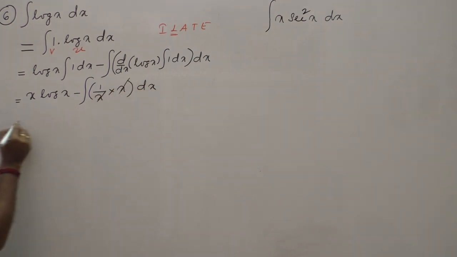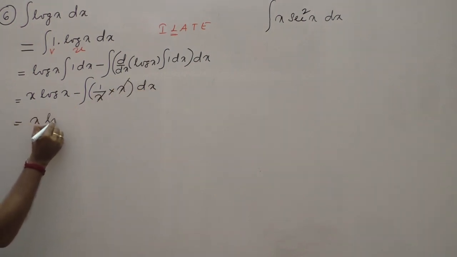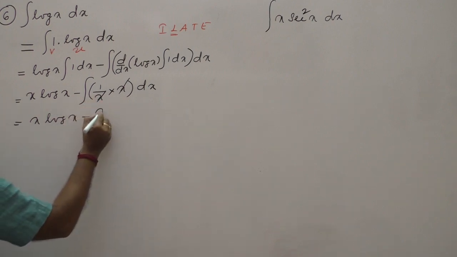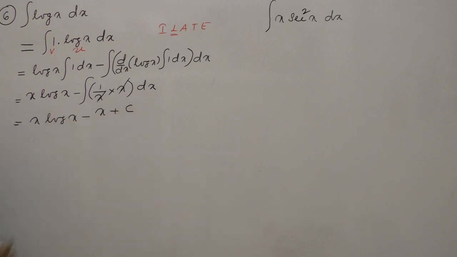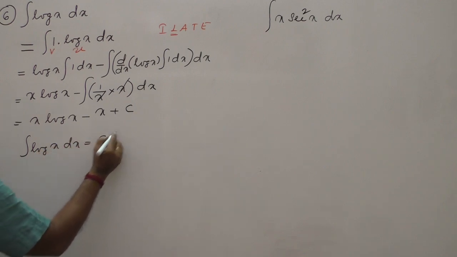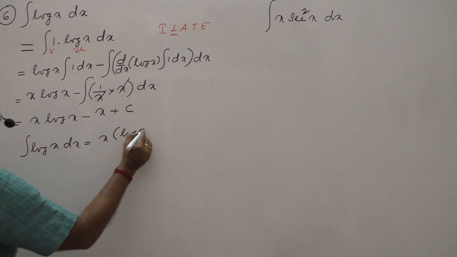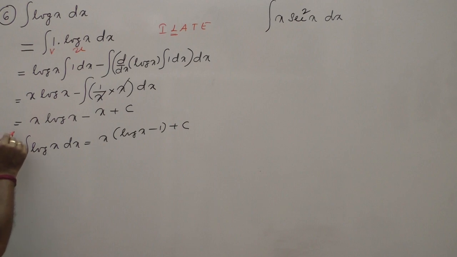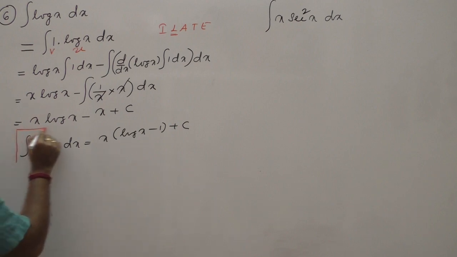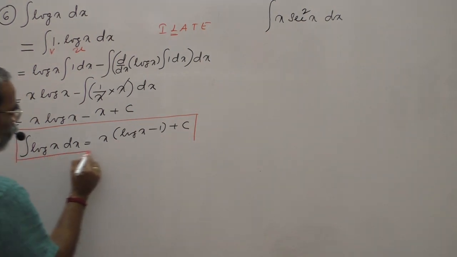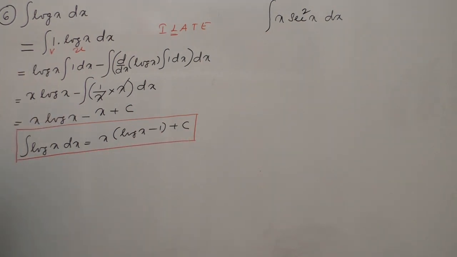I can cut these two. Therefore x into log x minus, only 1 is there whose integral is x, plus c. Therefore integral log x dx is, you can take x common, x into (log x minus 1) plus c, of course. So this is the integral of log x. Frequently it comes in problems, therefore you can also take this as a formula.